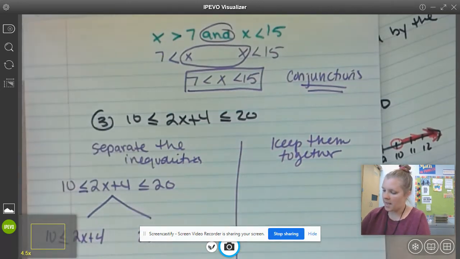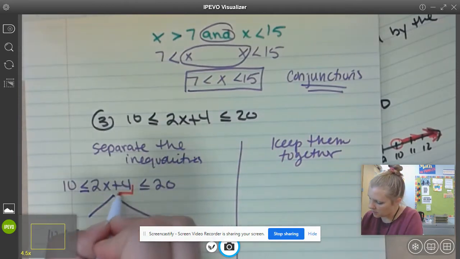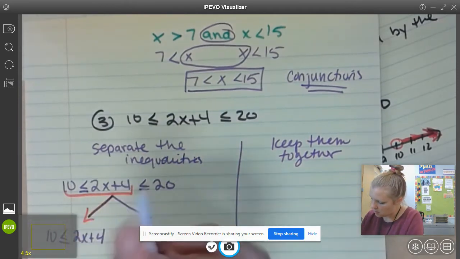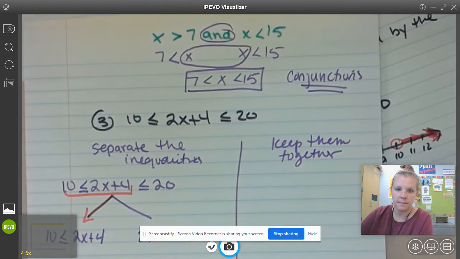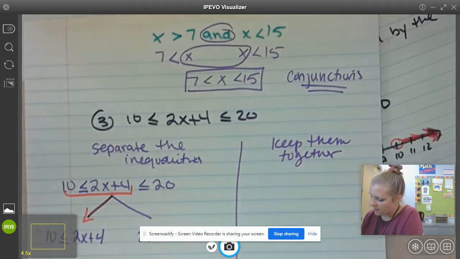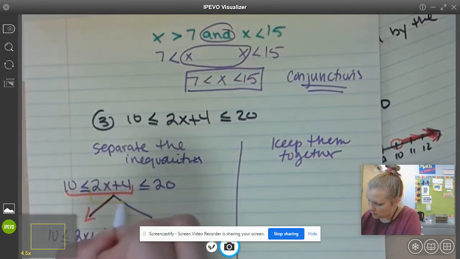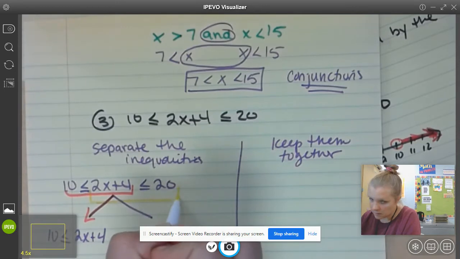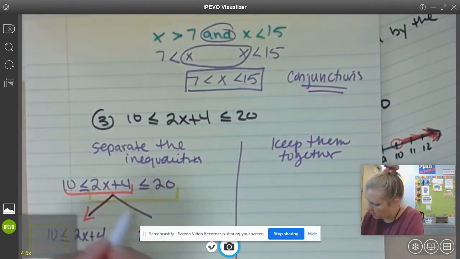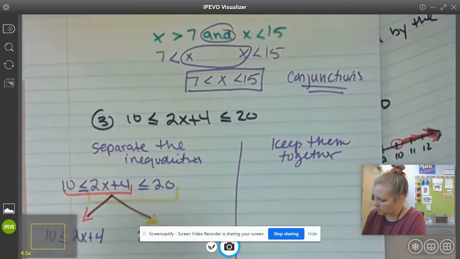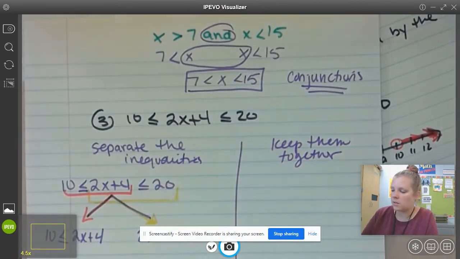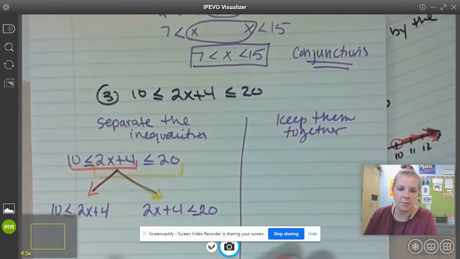So I'm looking at, let's see, this part is that equation. And then this part, you see the yellow? Yeah. Is this equation. So I separated the two inequalities.